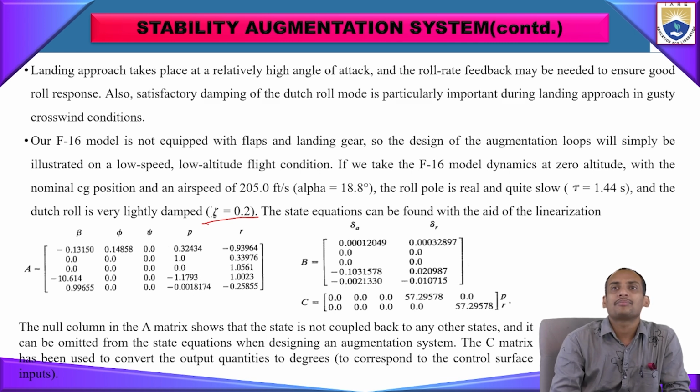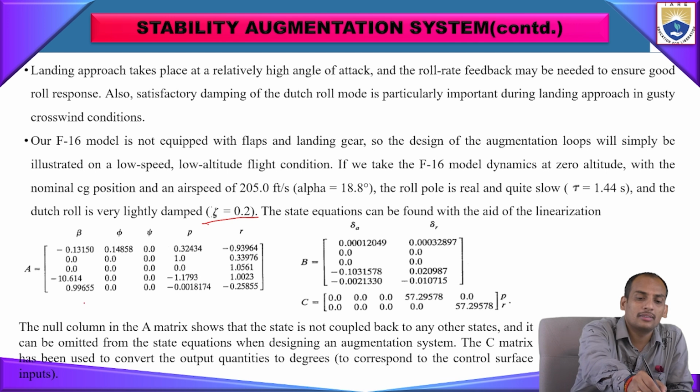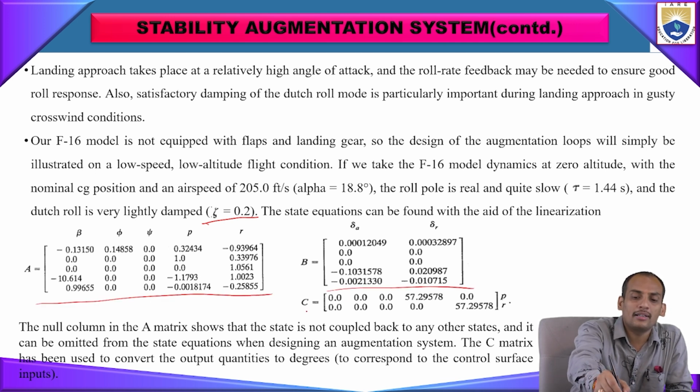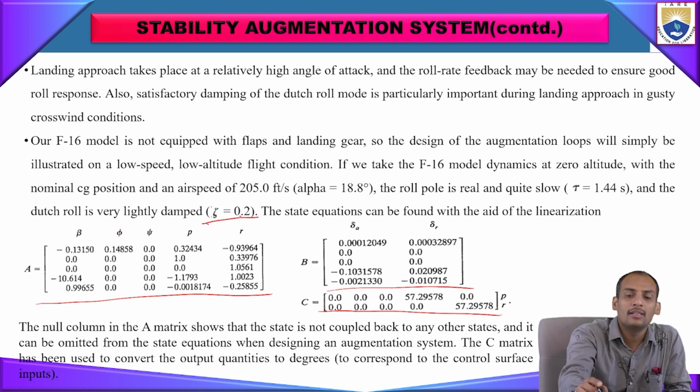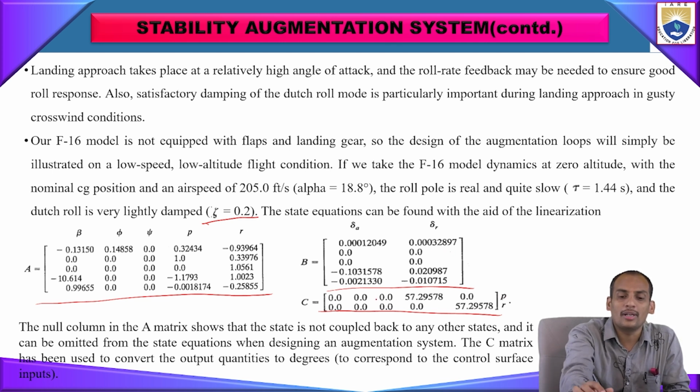So the conditions attained for the lateral equation of motion values will be like beta, that is the sideslip angle, the rolling angle, pitch rate and roll rate angles, and elevator, aileron deflection and the rudder deflection, and those constant values also.